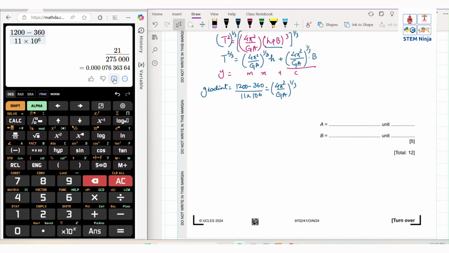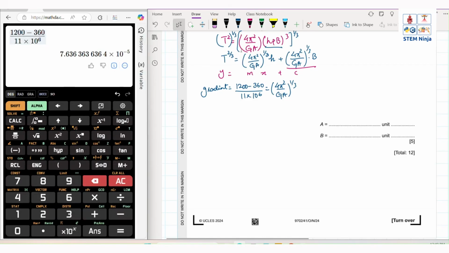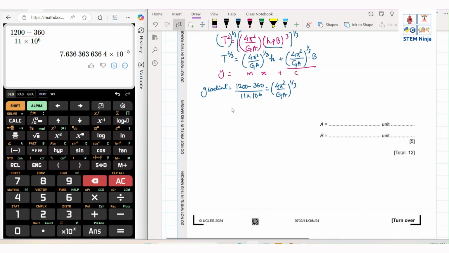We need this in standard form. We get 7.636 times 10 raised to power minus 5 equals the cube root of 4 pi squared over GA.